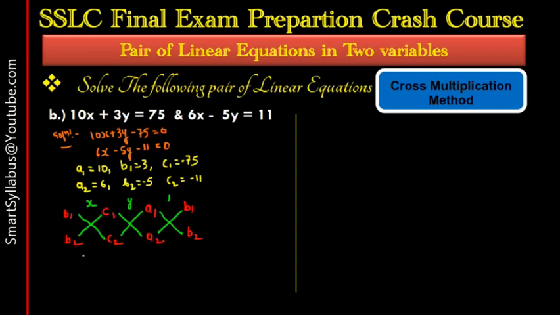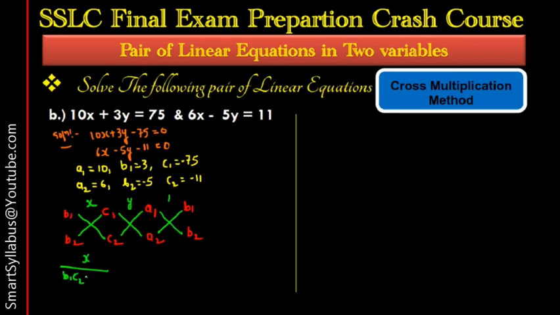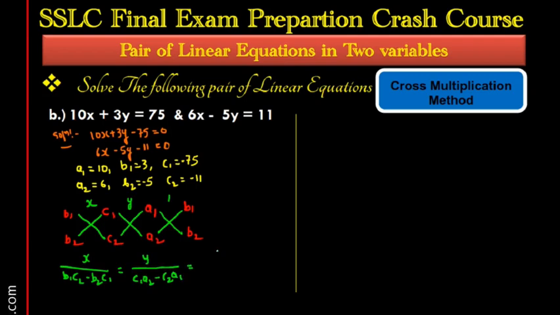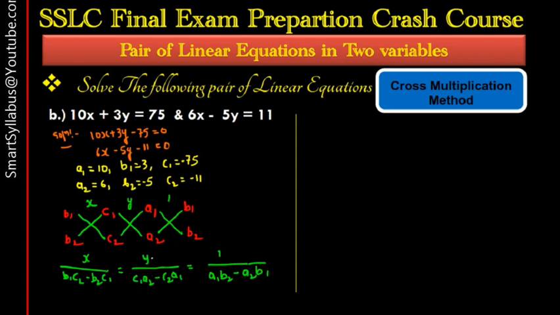First write x upon, multiply these two, it's b1 into c2 minus b2 into c1, that's equal to y upon c1 into a2 minus c2 into a1, that's equal to 1 upon a1 into b2 minus a2 into b1. So this is the formula which we are going to use to get the value of x and y. Now the next step is just substitute the values of a1, b1, c1, a2, b2, c2 in the formula and compare and get the answers now.